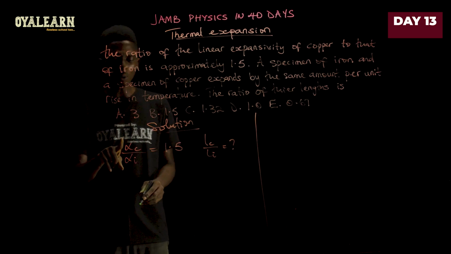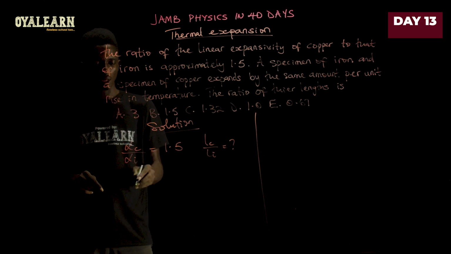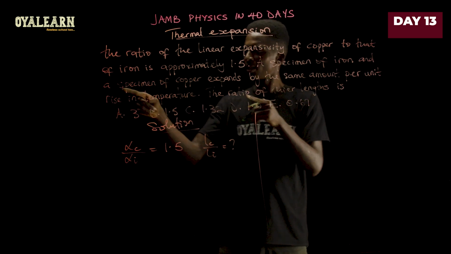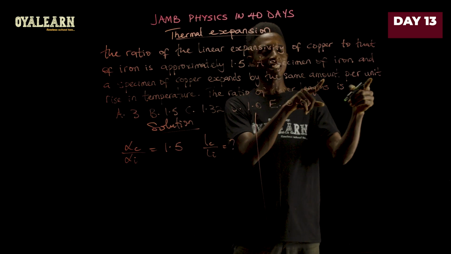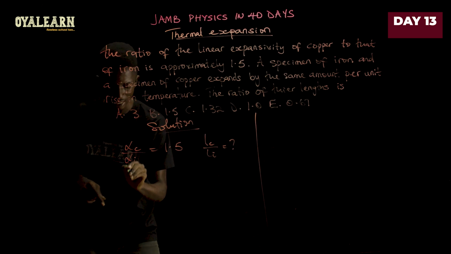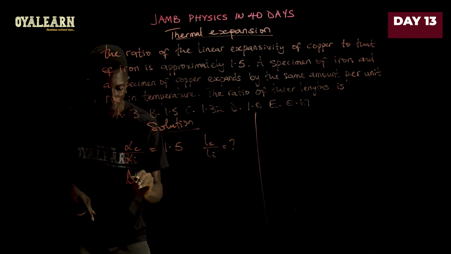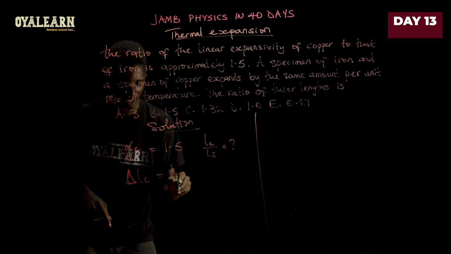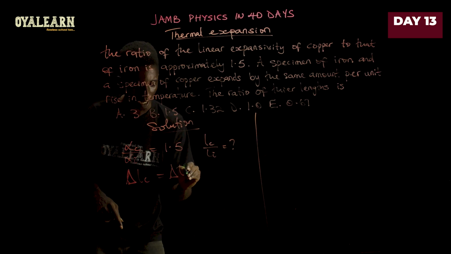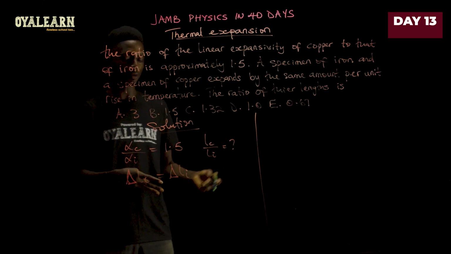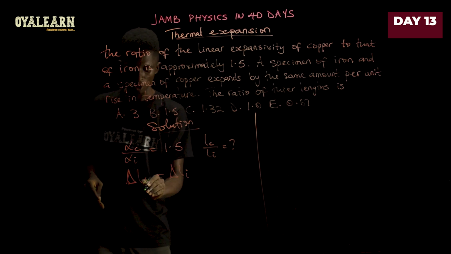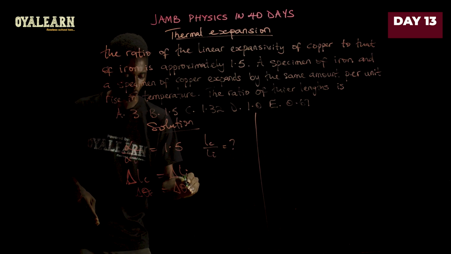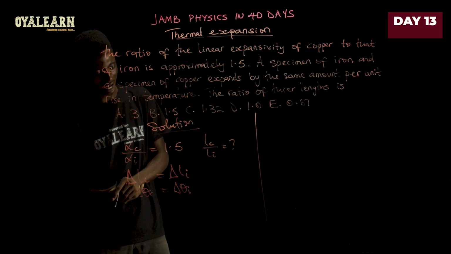So now, when we look at this equation from here, we can tell from what we are given that they expand by the same amount. That means that change in length of copper is equal to change in length of iron, and the temperature range is the same as well. So change in temperature for copper equals change in temperature for iron as well.